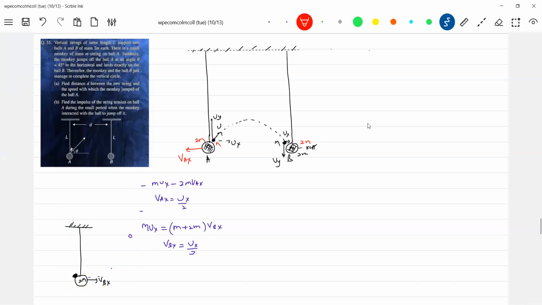What is the probability of asking such questions? Definitely the IIT process does prefer such numericals, with small ideas, nothing big. What should be the V_Bx? Root 5 gL.